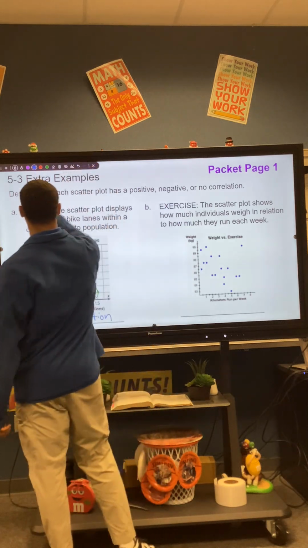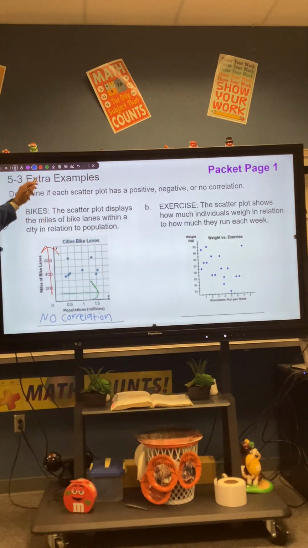What about here? B. Is B a positive, negative, or no correlation? Not positive. Negative.